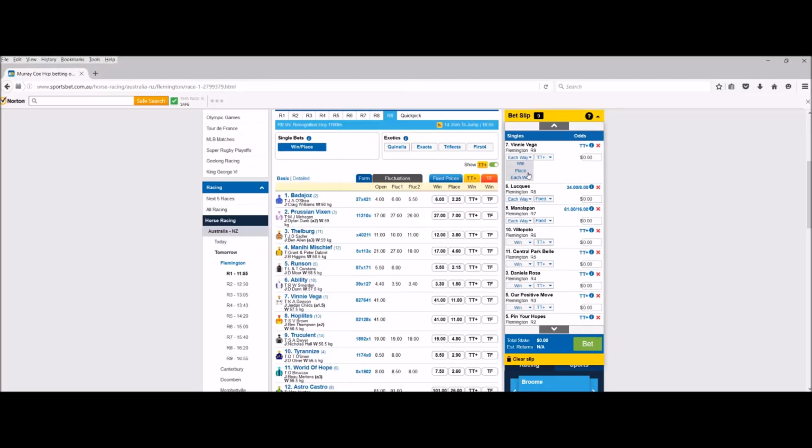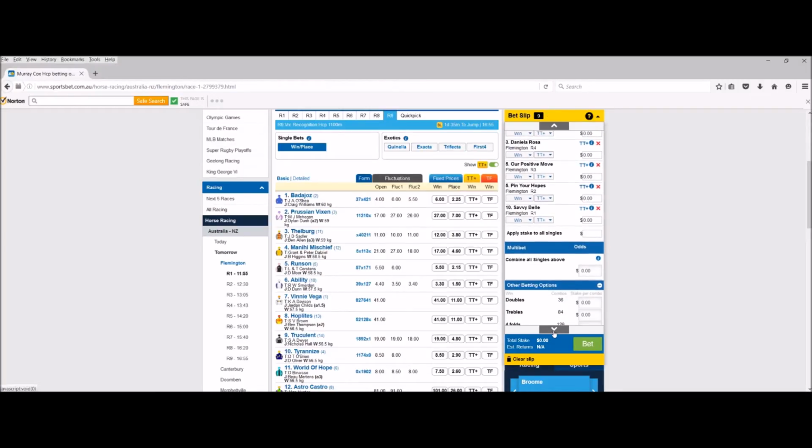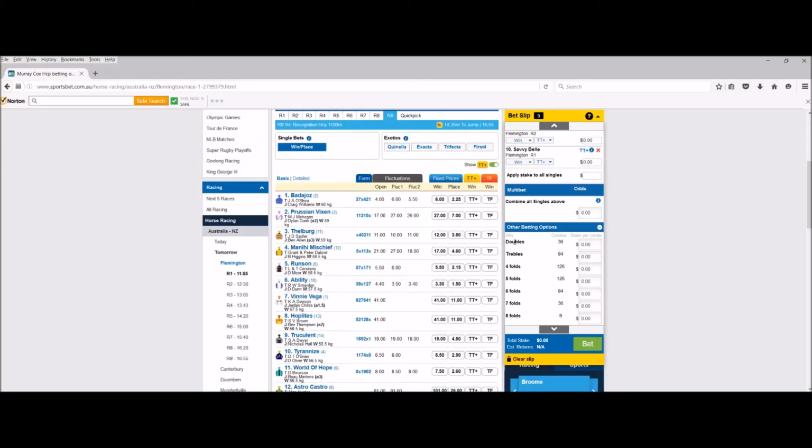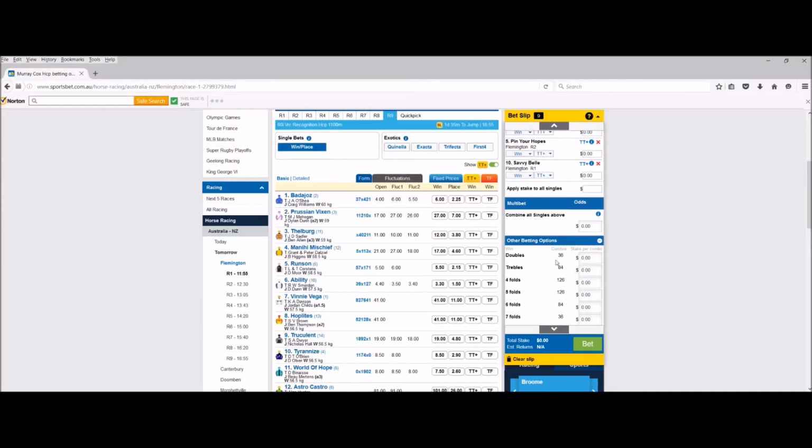I'll just show you before I go. I'll go back to win. So doubles is what a parlay Formula 2 is in Sportsbet. Doubles. See, it says 36 combinations. If you were to put $1 in there, that means you've got $1 into the win of every one of these horses, and they multiply in twos.